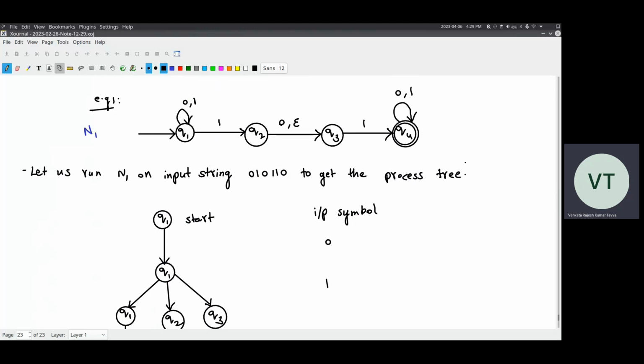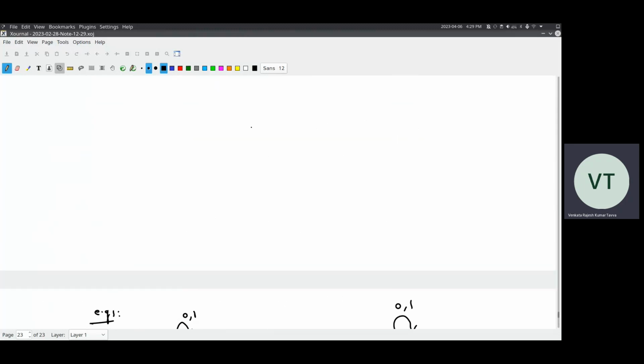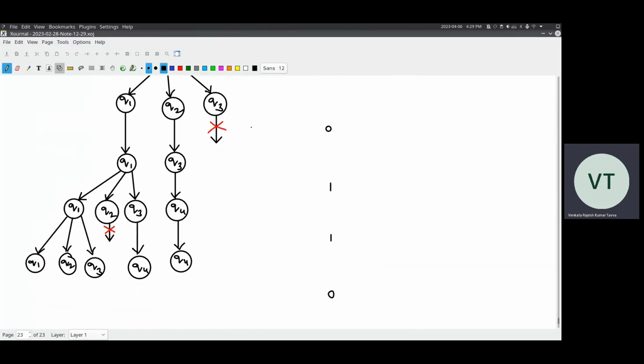But without reading any more symbol, it can go to Q3 also because it reached Q2. But if the next symbol is 1, it will stop at Q2. So here you see Q2 and then 1. It stopped, I didn't go further.